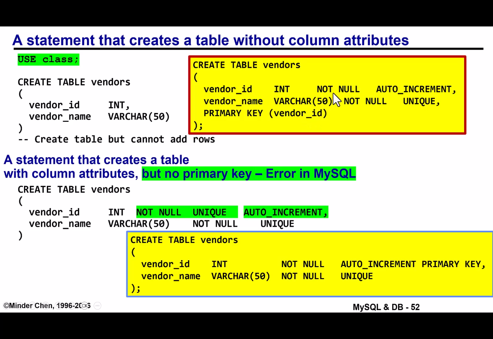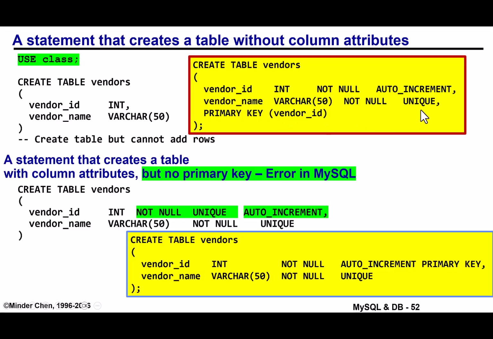Primary key is always not null. Primary key optionally can be auto increment, which means we can automatically assign a value. Usually that's an integer. Okay. And when you're not telling me what the vendor ID is for a new vendor, I'm going to just automatically assign a value to it.